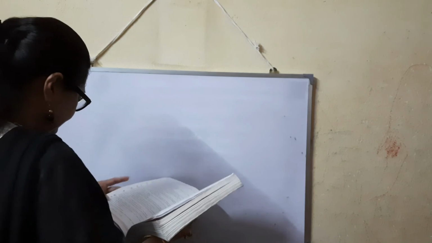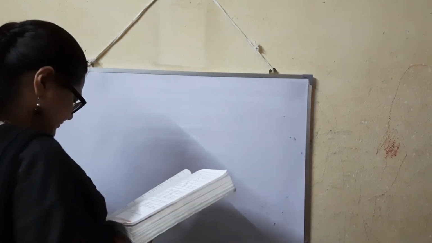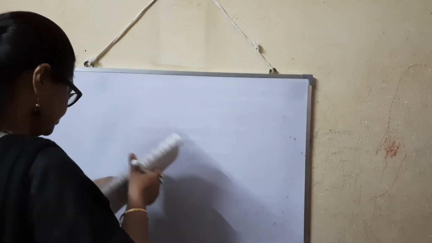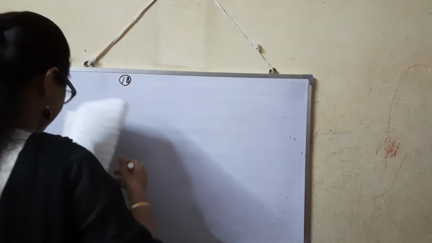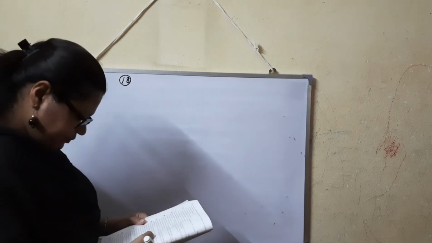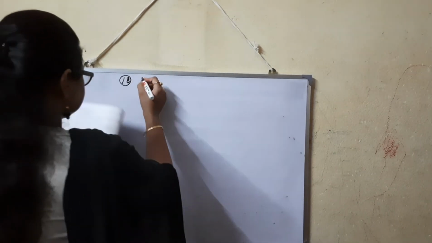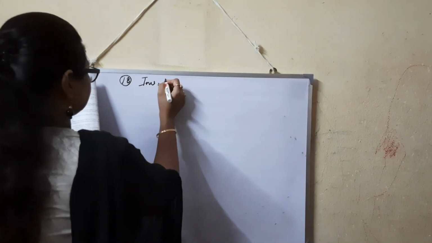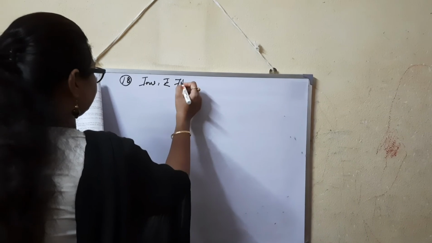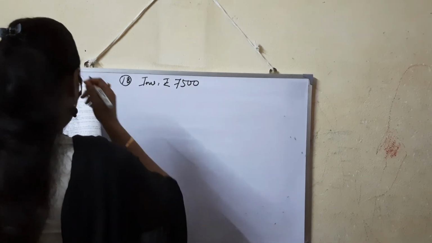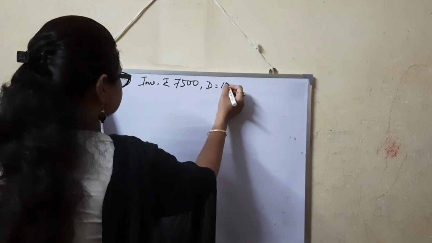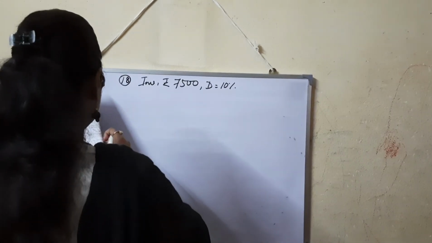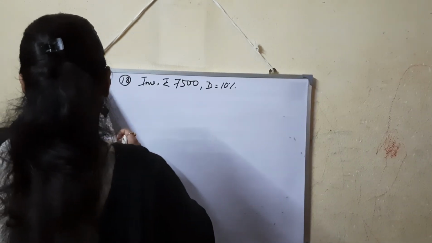We are going to do sum number 18. Okay, what has been said here? By investing rupees 7,500, that means investment is rupees 7,500, in a company paying 10% dividend, dividend is 10%, and income of rupees 500 is received.